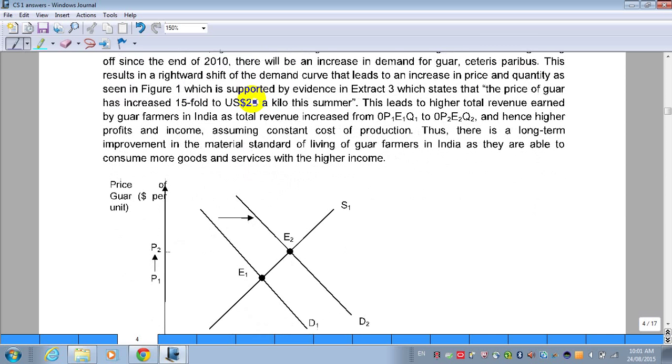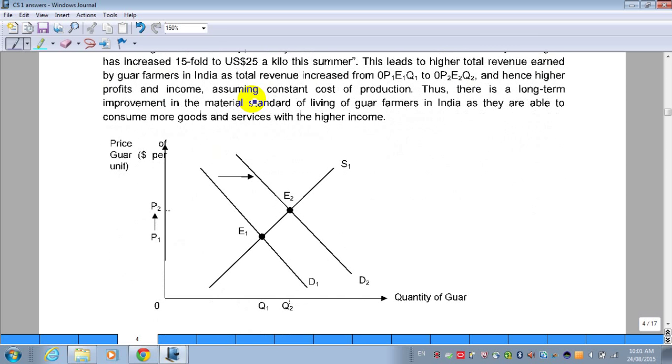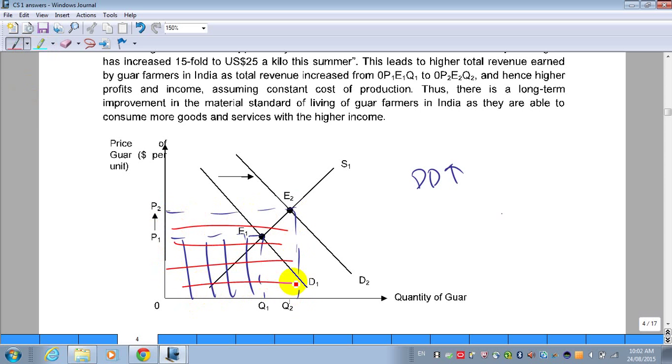And I would say that because of fracking, you need more guar, which is a raw material that is used in fracking, right? So demand increases, okay, basically the markings have not come out clearly, but basically the TR will increase from this box, the blue box, to the red box, all right? So definitely demand increases and therefore the TR increases.